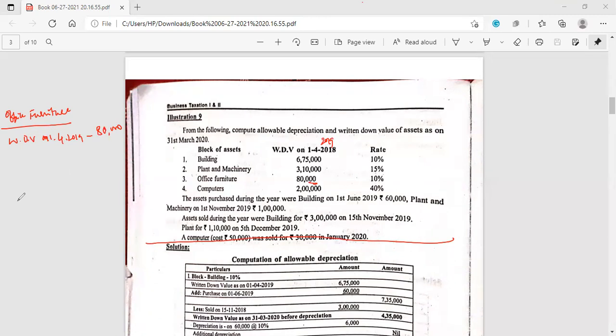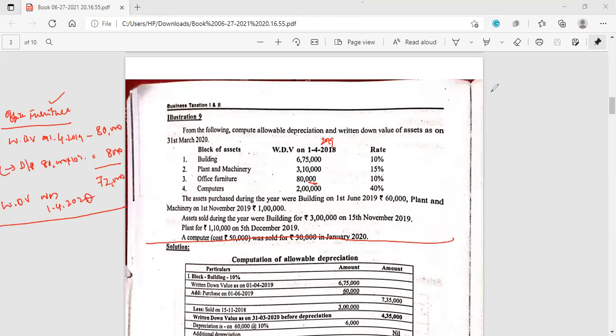Then straight away we can deduct depreciation on 80,000 at the rate of 10%. We'll get 8,000, right? Now 72,000 is the return on value as on 1/4/2020. Fine. So this is the solution of office furniture.